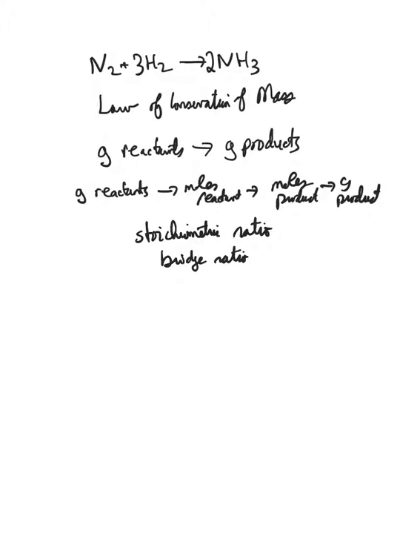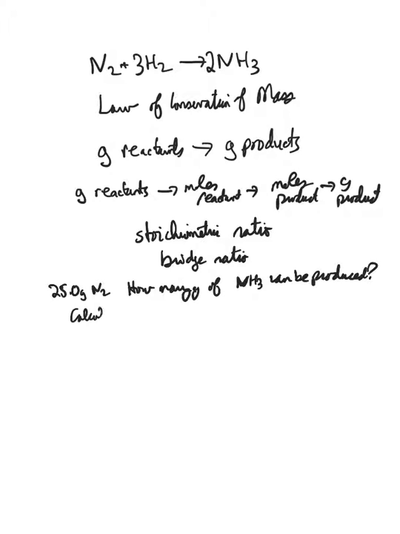And so let's look at this problem. Let's take 25 grams of nitrogen. How many grams of ammonia can be produced? What we're trying to do is calculate the theoretical yield.